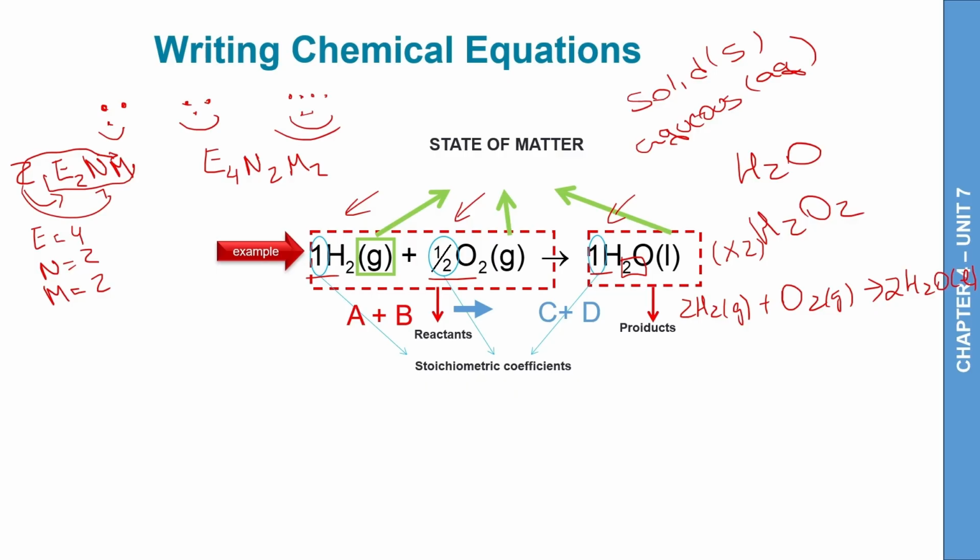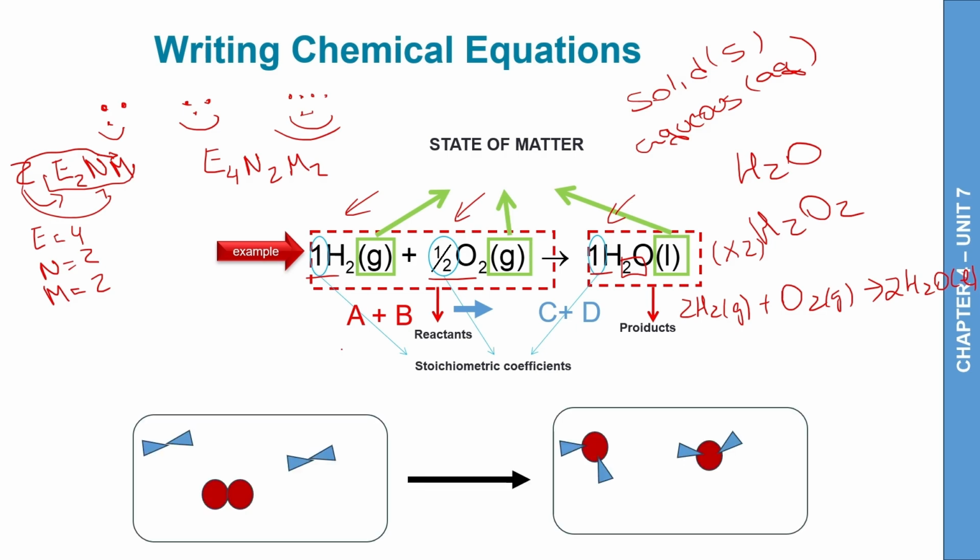The other important thing is that, based on the atomic theory and the conservation of mass, the atoms that you have on one side, you need to find on the other side, the same atoms and the same quantity. So for example, here, let's imagine this is the reactants, and this is the products.